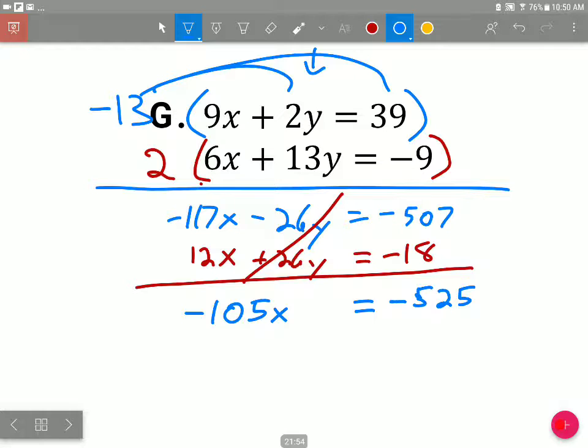Negative 525. All right, what are you going to do to solve? The process is the same, but just bigger numbers. Good. Divide by negative 105.